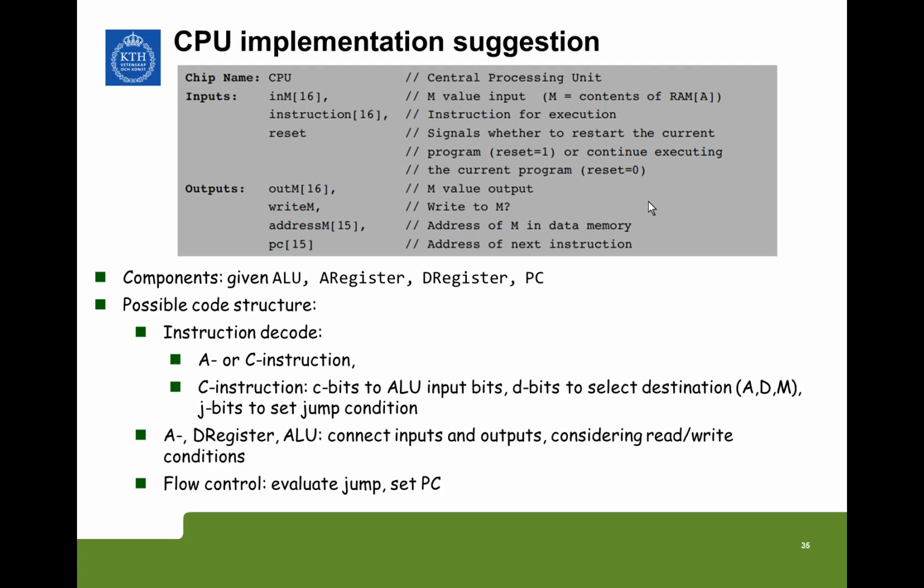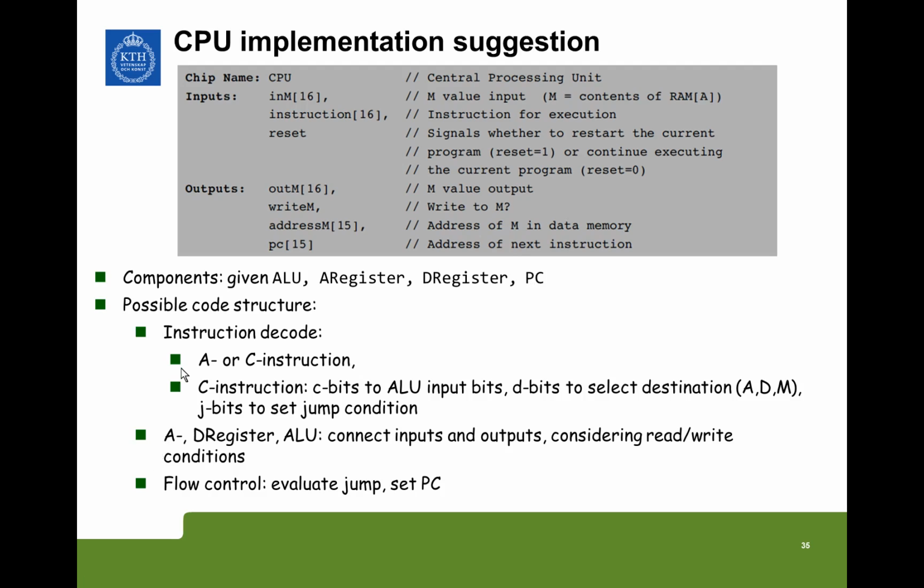So we provide a suggestion how to implement the CPU. Some of the components are given for us: the ALU, the A register, the D register, the program counter. And one possible code structure, this will be actually a rather long code.